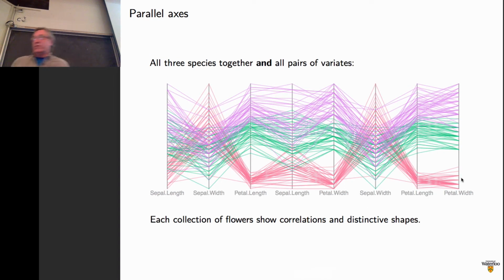This gets a little more fun when we do it in a minute, you'll see it, so that gives you a little more insight. So here we're using an Eulerian, right? We've got all pairs of variates, which means some of these variates are repeated. So sepal width appears there and sepal width appears there, for example, so that every pair of variates appears next to each other.